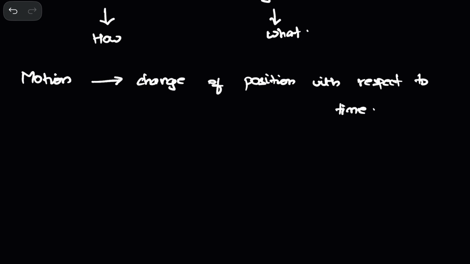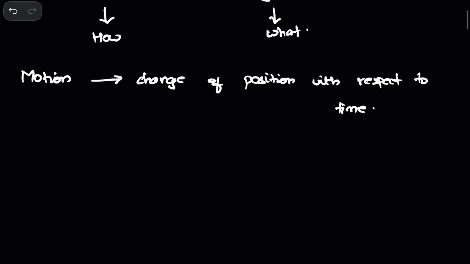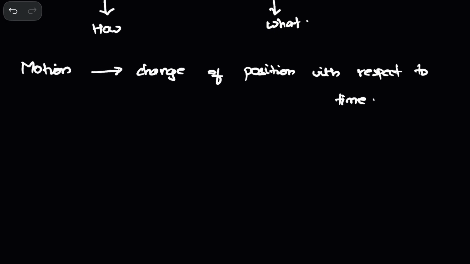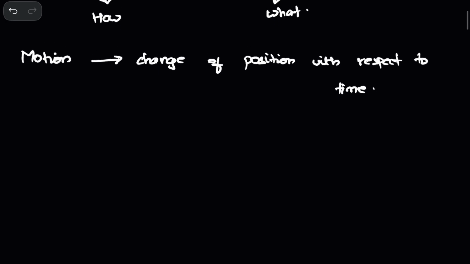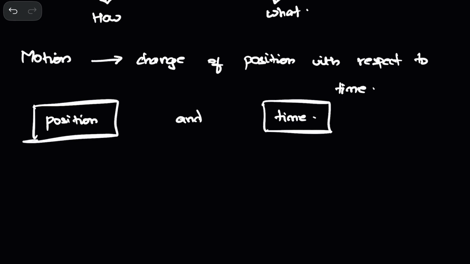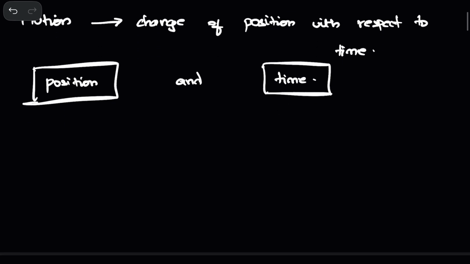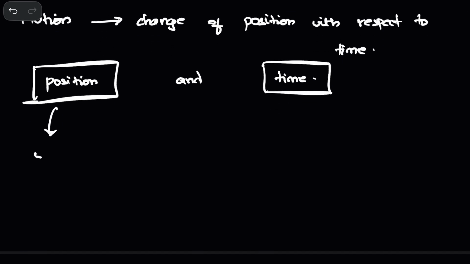An object is said to be in motion when its position changes with time. This is such a simple statement, but it becomes the whole foundation of kinematics. There are already two ideas present here: position and time.